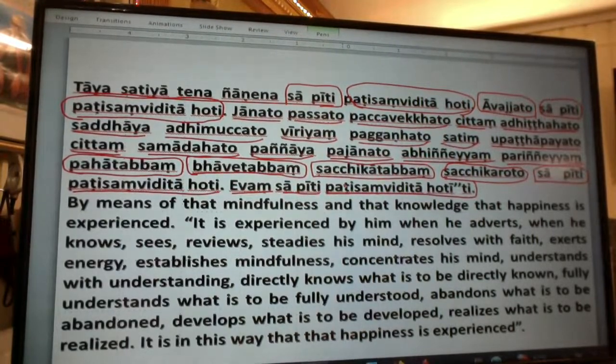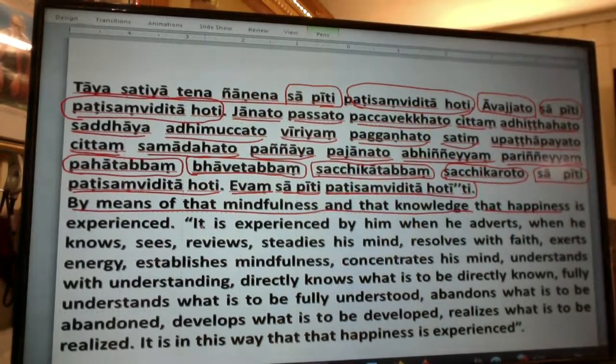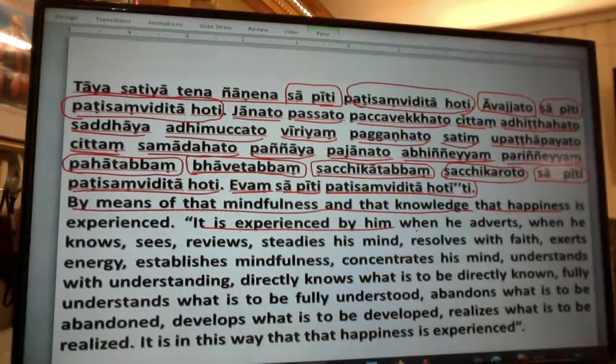Okay? So, the English translation here: by means of that mindfulness and that knowledge, happiness is experienced by him.